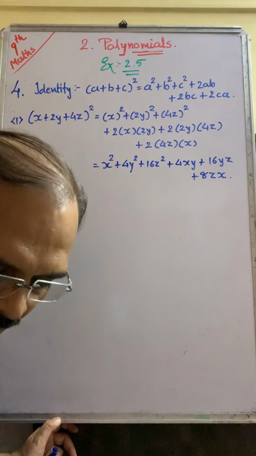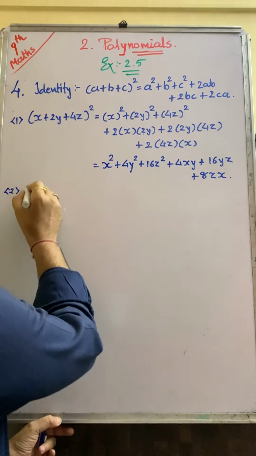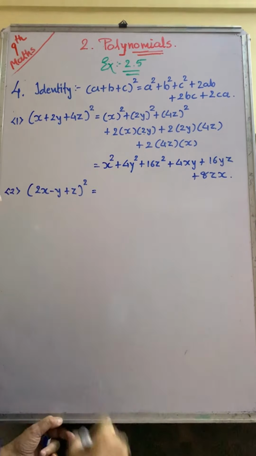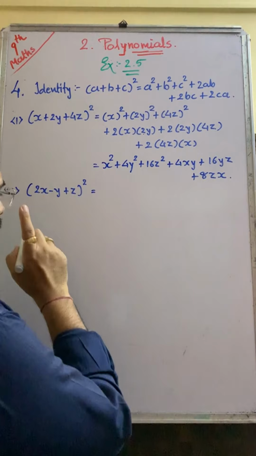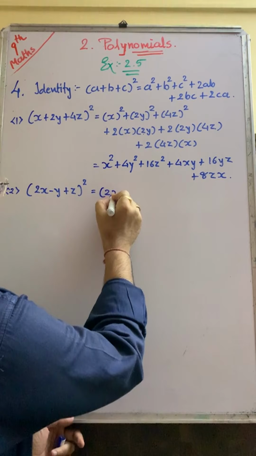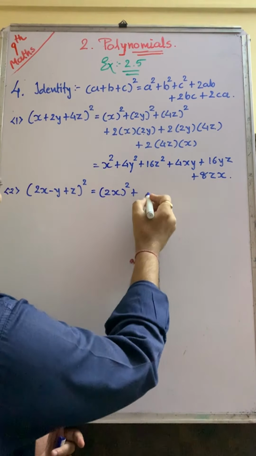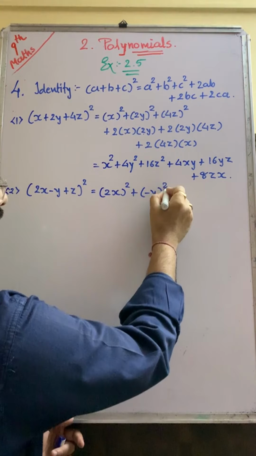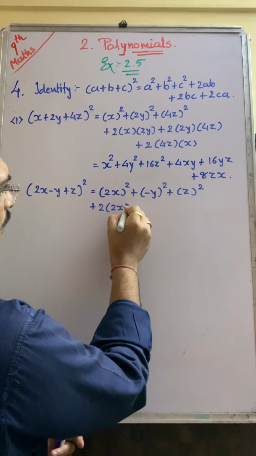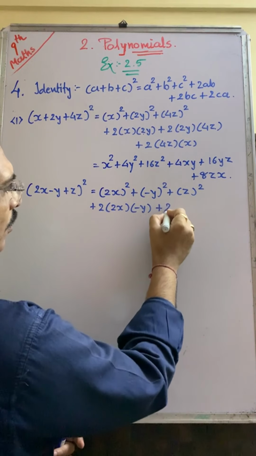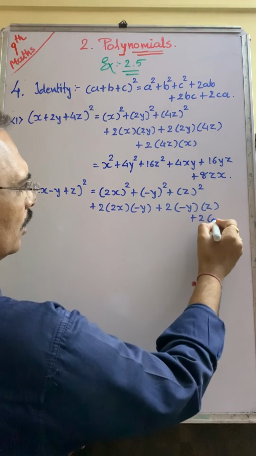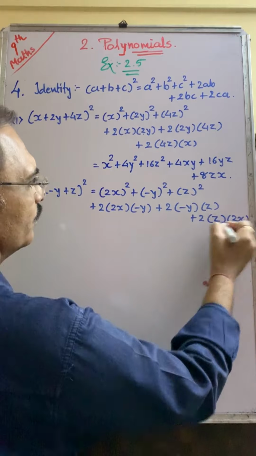Second question, 2x minus y plus z the whole square. Again, open the bracket, but with sign, so please be alert, negative is there. First term square, second term consider minus y, third term, plus 2 first term second term minus y, plus 2 second term and third term, plus 2 third term and first term.